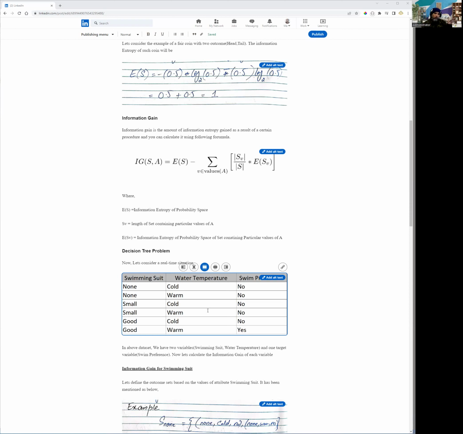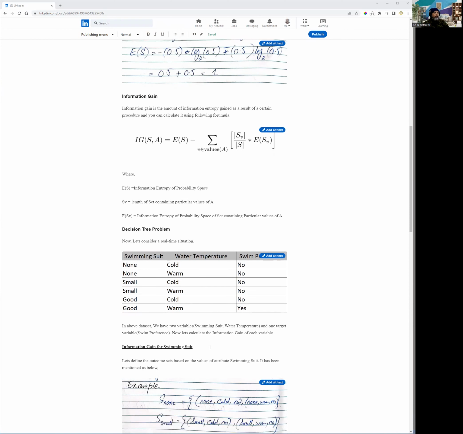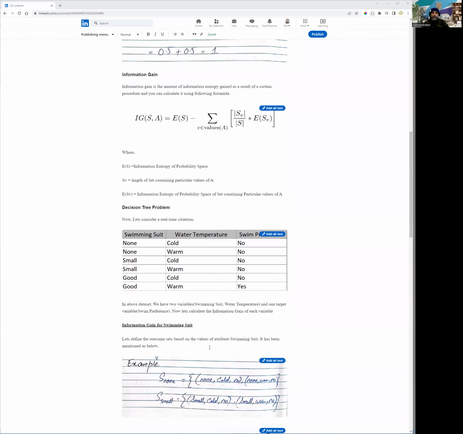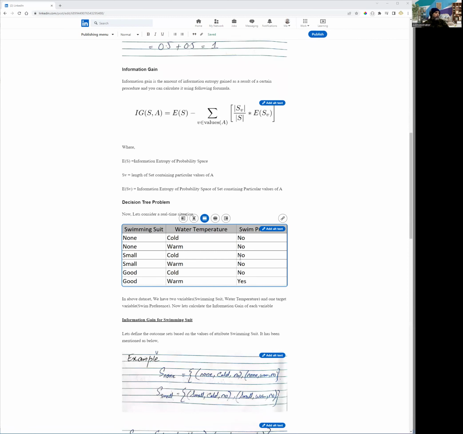So that's a small outcome set, and based on that we are going to design the decision tree. Now you can see by looking at it, we have two independent variables, swimming suit and water temperature, and we have one target variable, which is swimming preference, right? Which has only two outcomes. So it's more like a binary classification problem set.